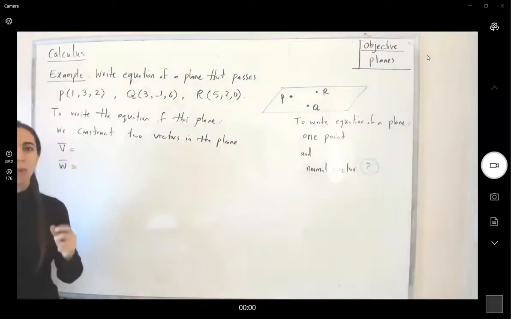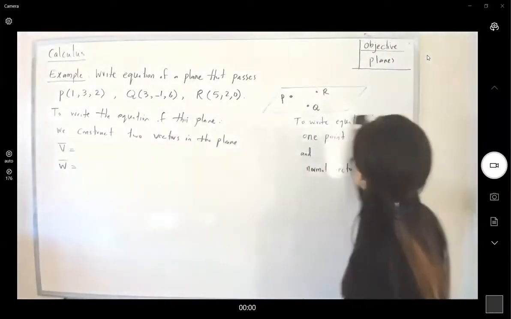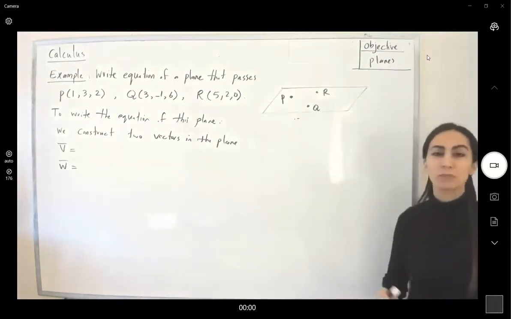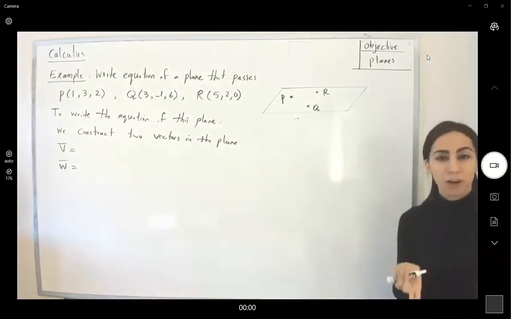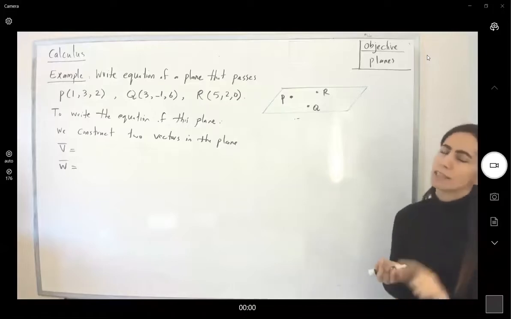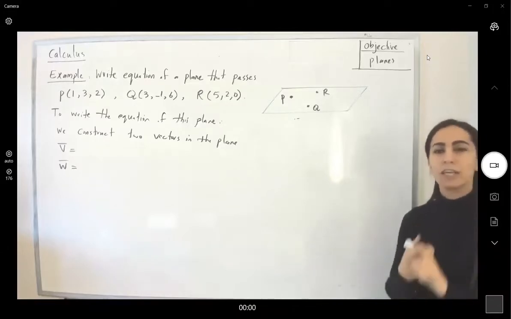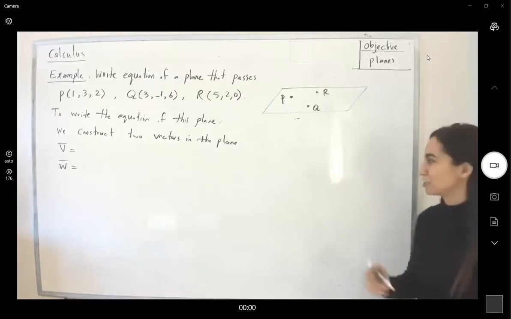Recall that when we talked about operations between vectors, we said that we can add vectors, find the difference between two vectors, and find the dot product between them. Also, we can find the cross product between two vectors.